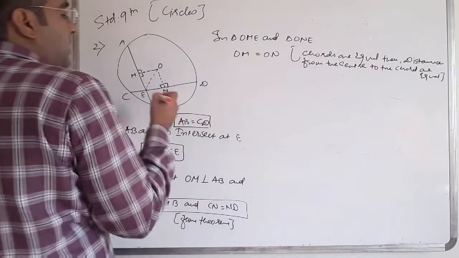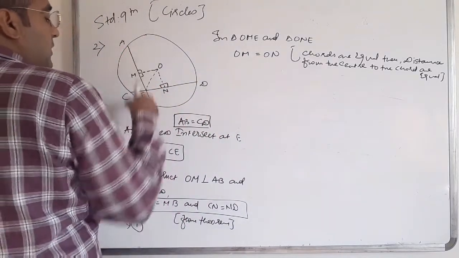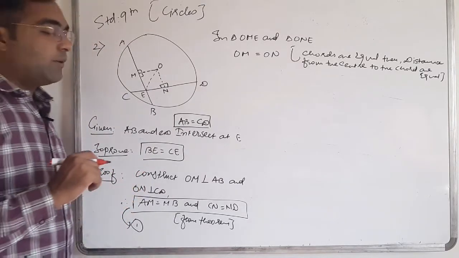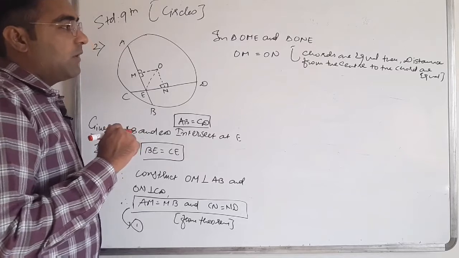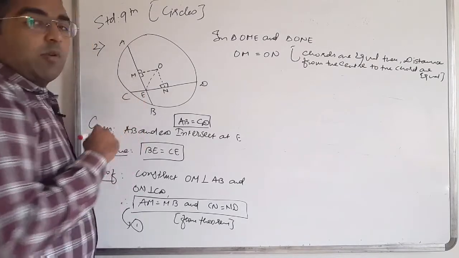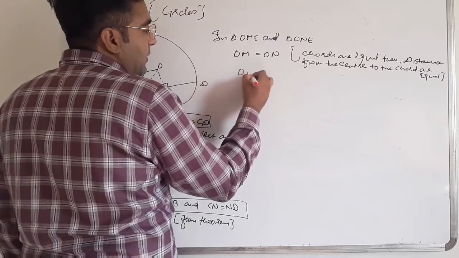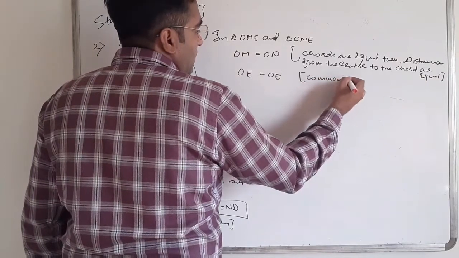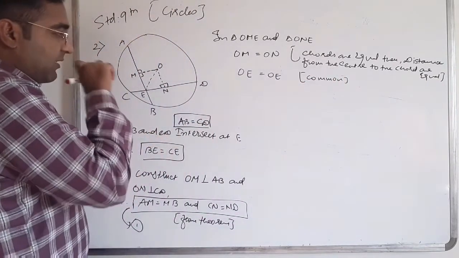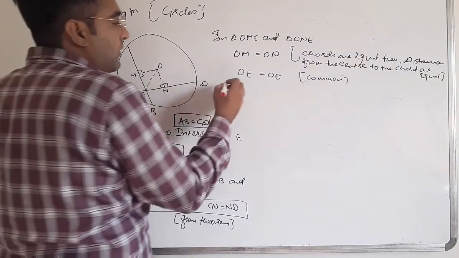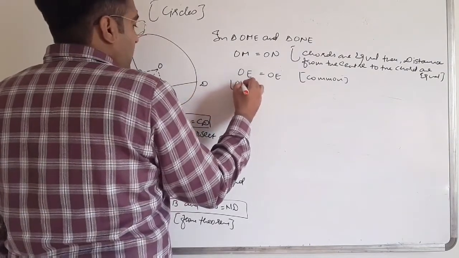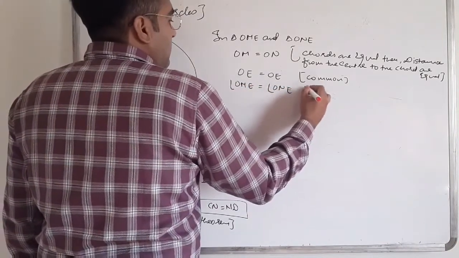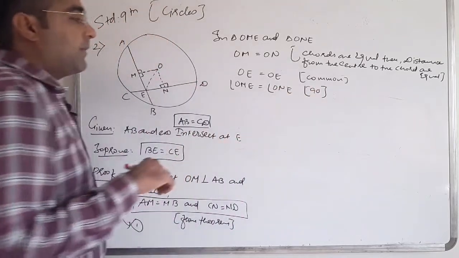So OM is equal to ON because AB is equal to CD is given. Clear that? Now for the second thing, OE is common in both of them. And angle OME is equal to angle ONE, both of them are 90.